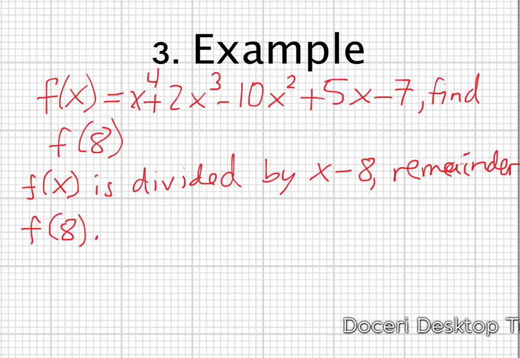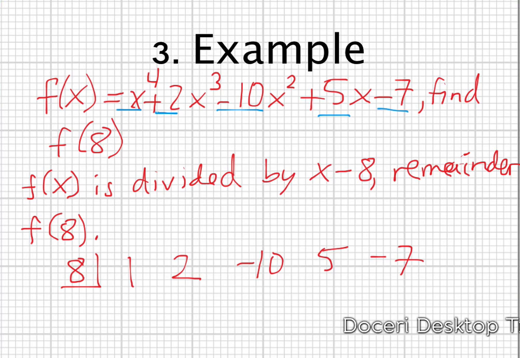Okay? So I'm going to take my 8, and that goes in the corner. Okay? Then I take my coefficients. My first coefficient is 1. Then I have 2. Then I have negative 10. Then 5. And then negative 7.